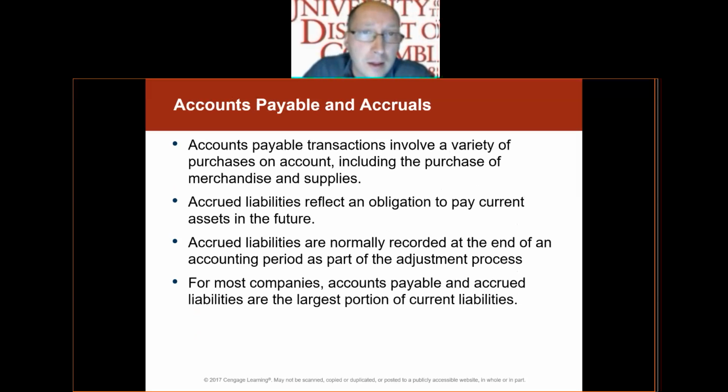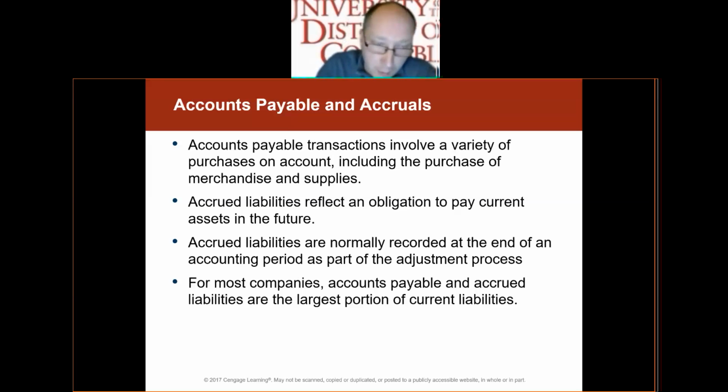Okay, so there are other forms of liabilities that are current. One is called accounts payable. Accounts payable, as you know, is the recording of a purchase of either a service or inventory or something else on account. When the company purchases something on account, we record it to accounts payable.